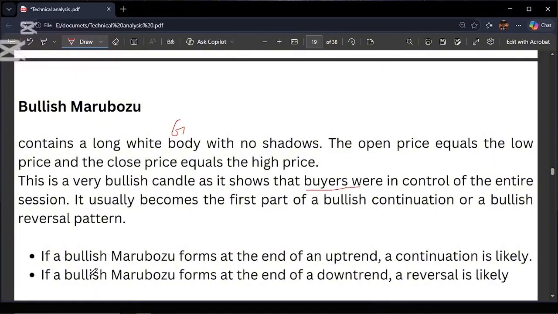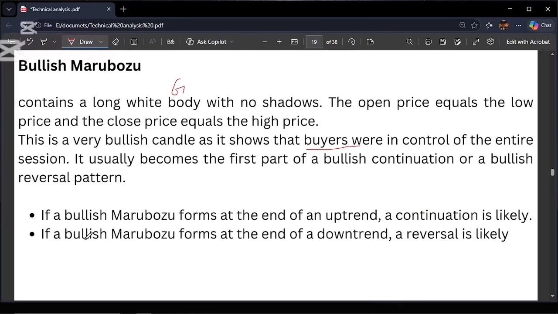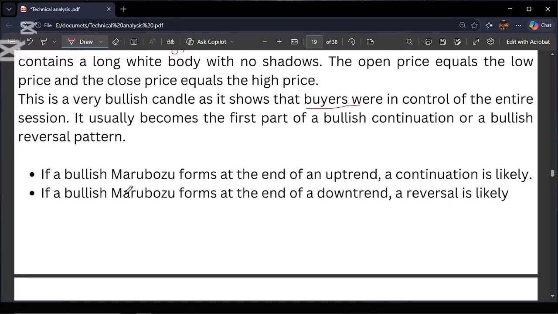It usually becomes the first part of a bullish continuation or bullish reversal pattern. If you see a green candlestick with no wick up or down in the market, and it forms at the end of an uptrend.